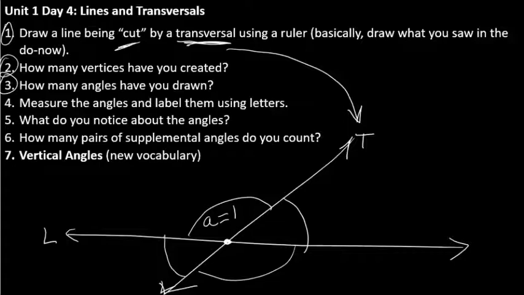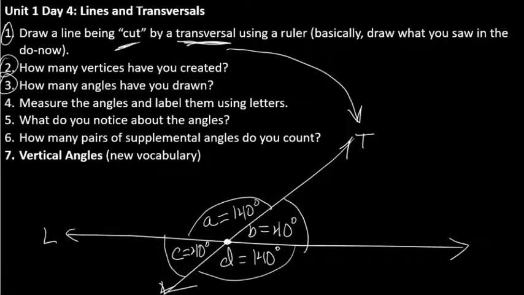I'm just going to pretend this is 140 degrees. My angle B, let's pretend is 40 degrees. C, actually, let me go the other way. Let me say that C is over here. C is going to be 40 degrees also, and D is also going to be 140, just like A.